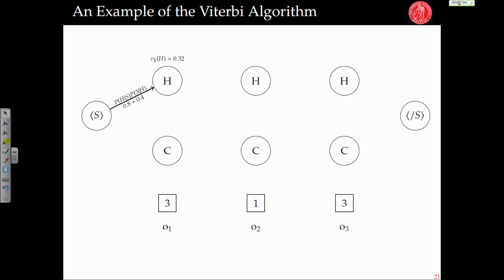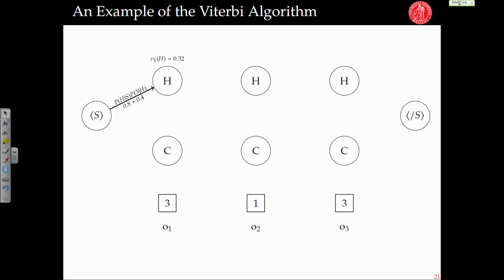And we want to fill in this matrix with probabilities. So if we start from here, we want to compute the variable that we talked about before, which is V. Here it would be V1H, which is the maximum probability of the state H at time point 1, given that we have seen the observations up to here so far.